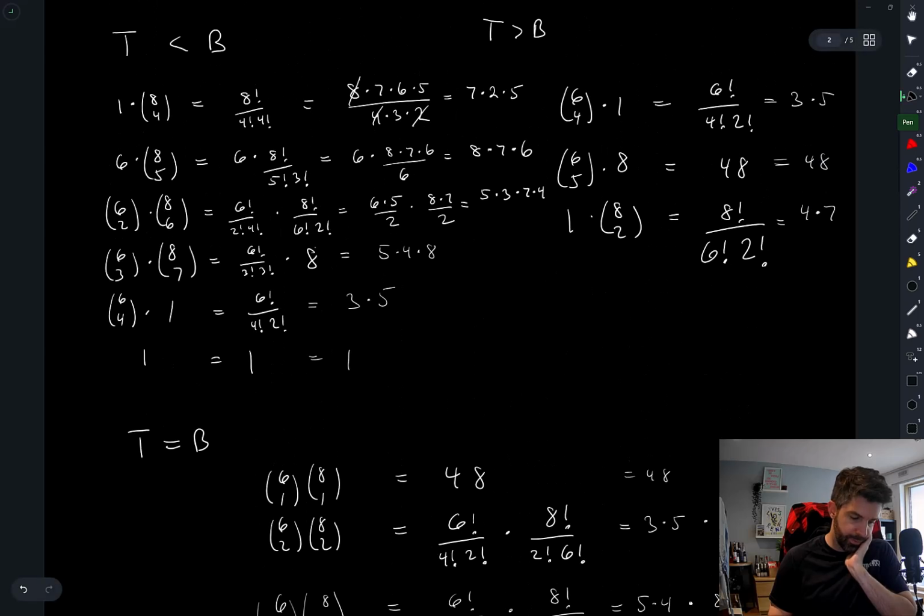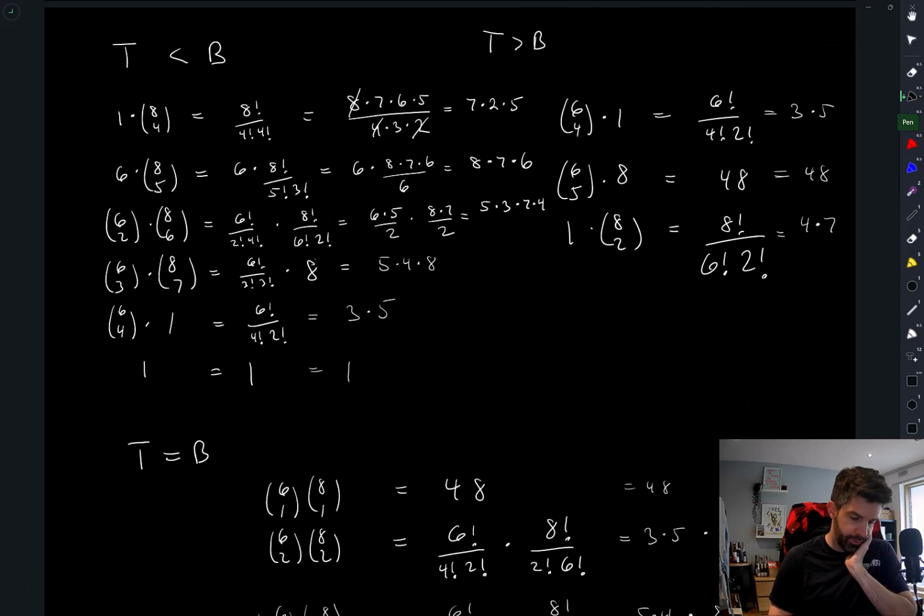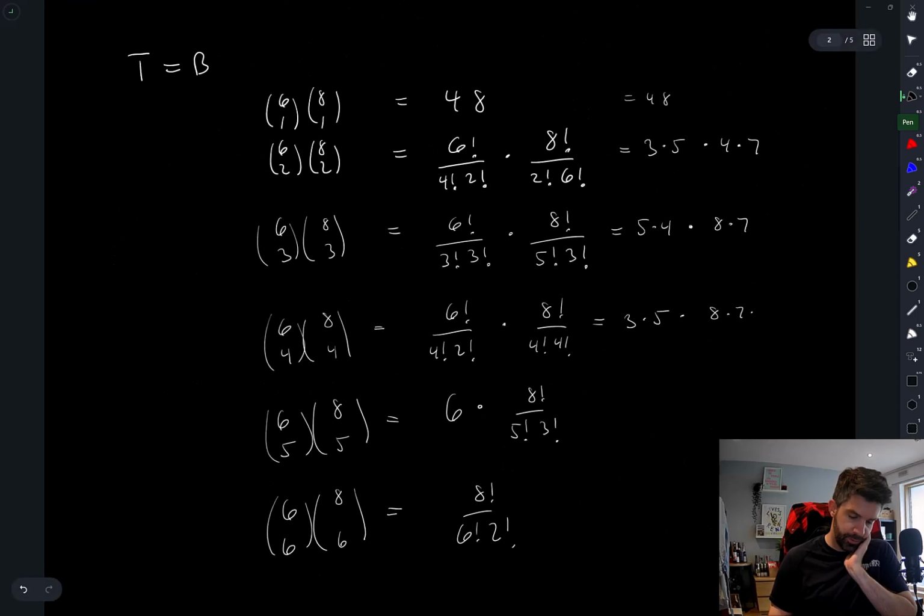Eight choose 4 I've computed already. 8 choose 4 is 7 times 2 times 5.